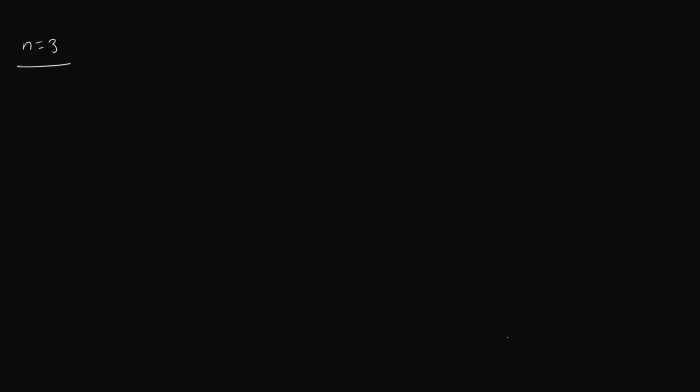So let's try for n equals 3. We will require a comma b comma c. These are 3 different numbers, and the sum is divisible by each of them. How are we going to get this? How would you think about this?